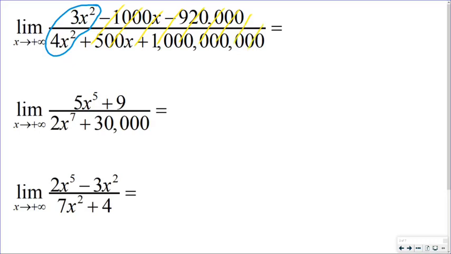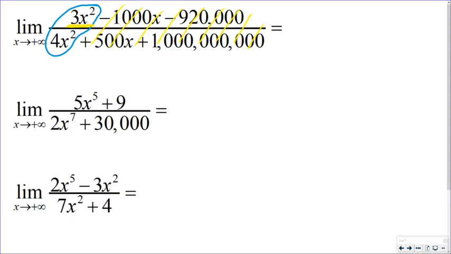So for example, if I plug in 1 trillion for x, a large number as x approaches positive infinity, 3 times 1 trillion squared is going to be so big that I'm not even going to notice the minus 1,000 times a trillion minus 920,000. Those aren't even going to matter. So all I care about is the leading two terms.